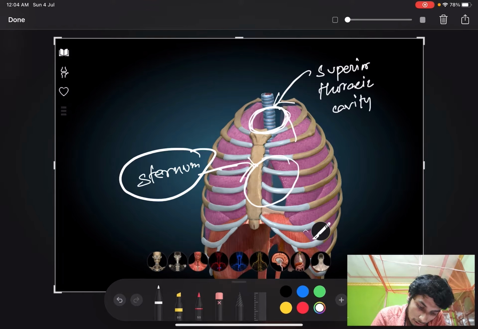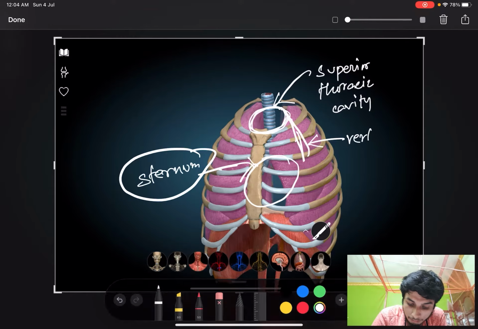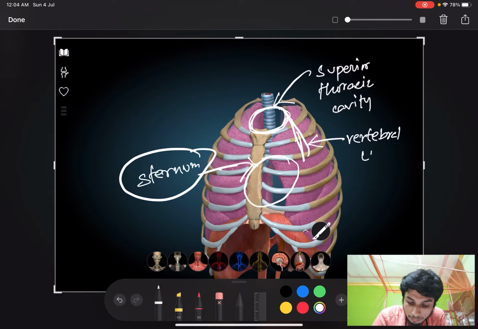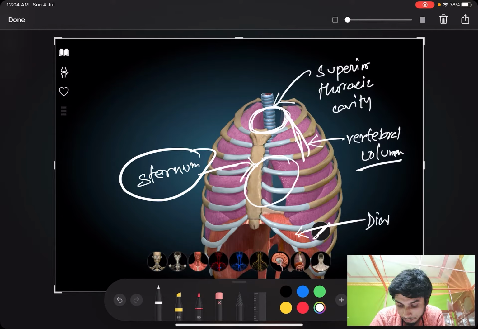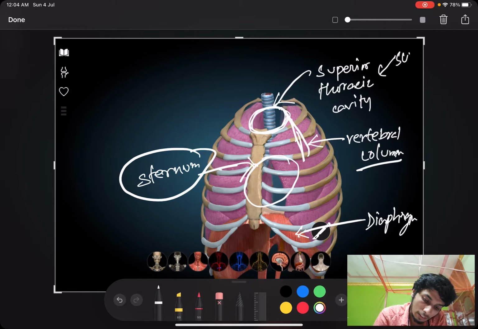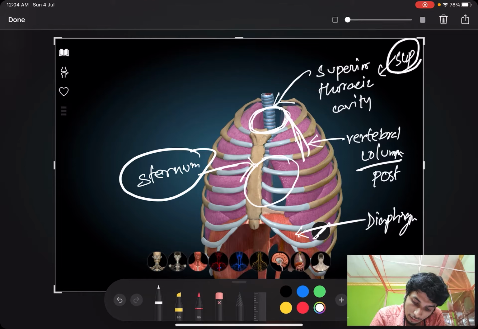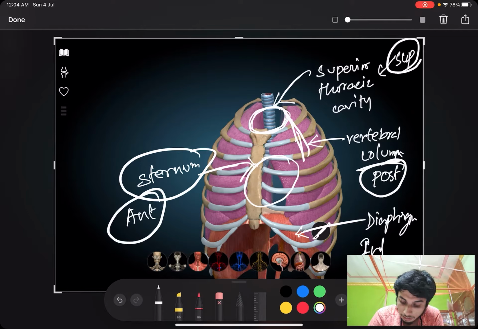What is posteriorly? Posteriorly, everyone knows there is vertebral column. And inferiorly, what is this muscle? Diaphragm. So posteriorly vertebral column, sternum anteriorly, and diaphragm inferiorly.